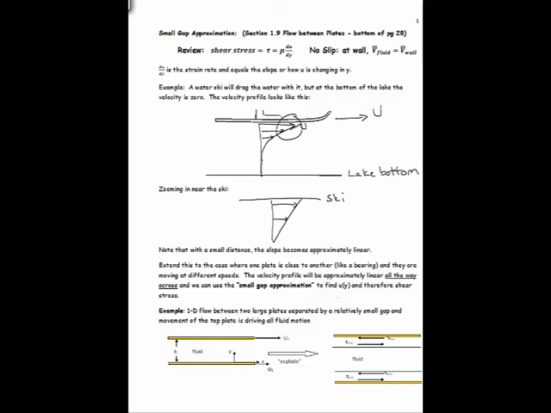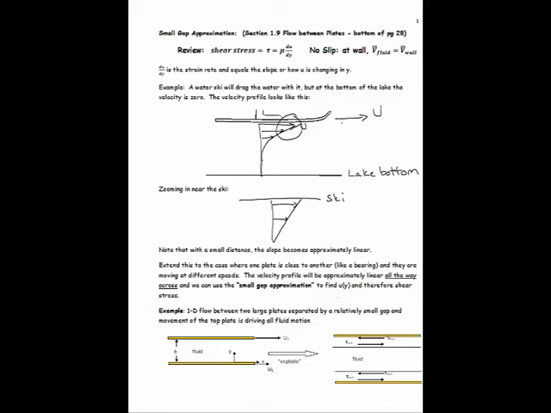Basically, zoom in far enough to almost any curve, and what it's going to look like is linear. And linear is good because linear is simple. Let's assume instead of the lake bottom being way down here, the lake bottom was way up here right next to it, so we had a small gap. There's not going to be room to have any kind of velocity profile besides linear. And that is our small gap approximation.